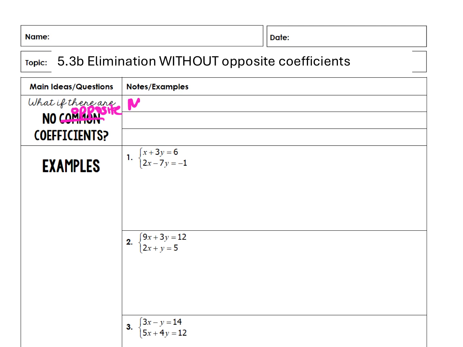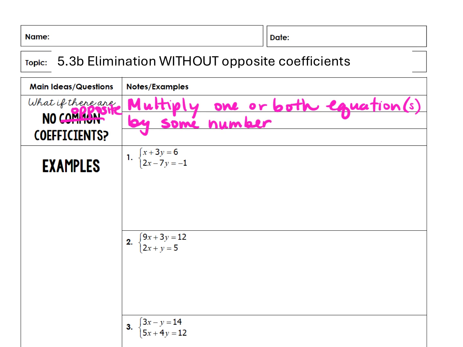You are going to multiply one or both equations by some number to create opposite coefficients.